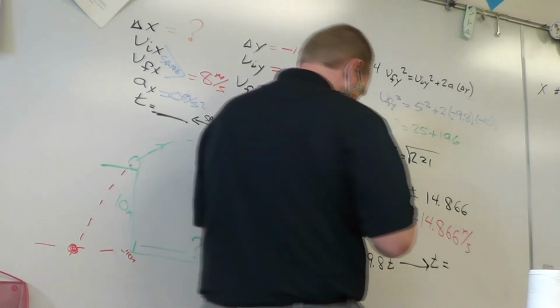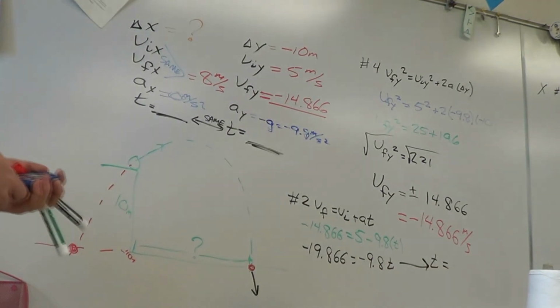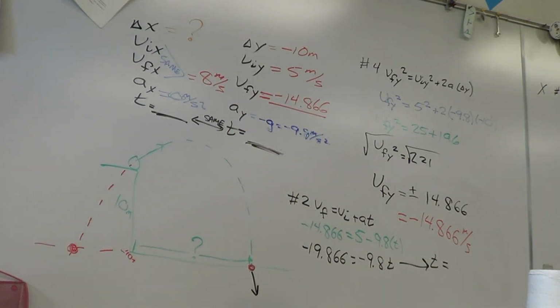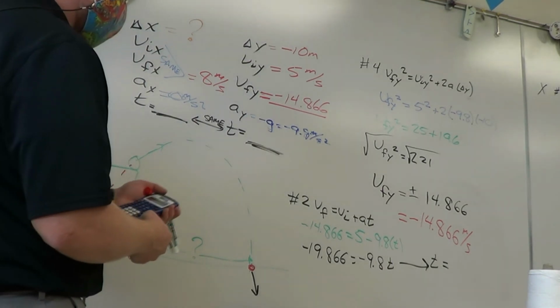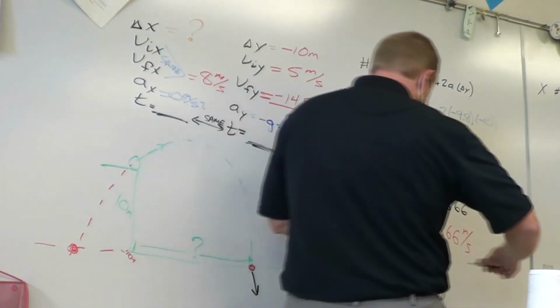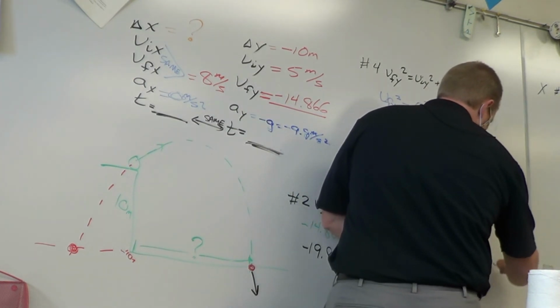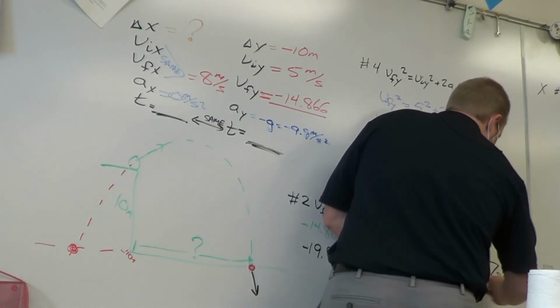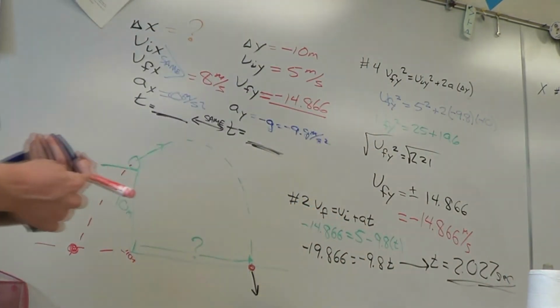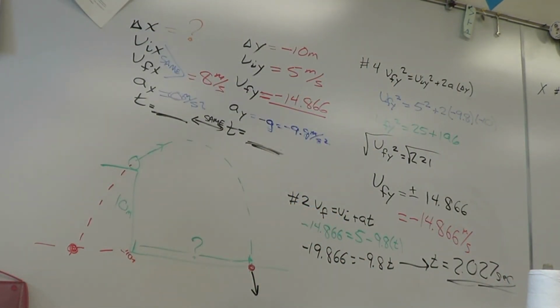T is equal, my t is equal to 2.027 seconds, which is the second solution we got in our quadratic, right? Right, wasn't it 2.027?